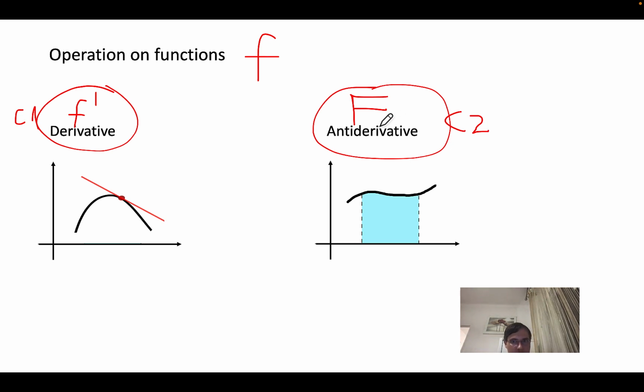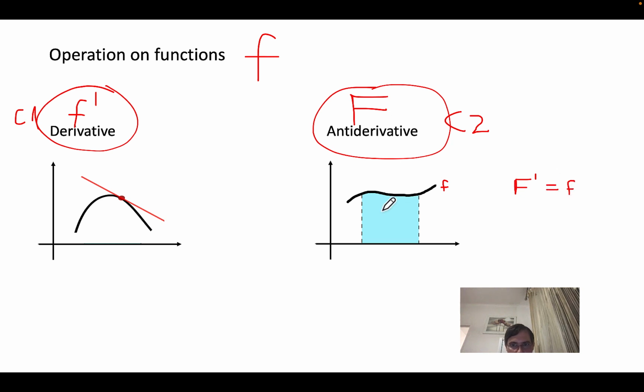we'll use this concept of antiderivative to find the area underneath the given function, because if we call this function small f, for example, then to compute this area, all I have to do is find this big function F. Any function F with this property that its derivative is going to be the given function f.